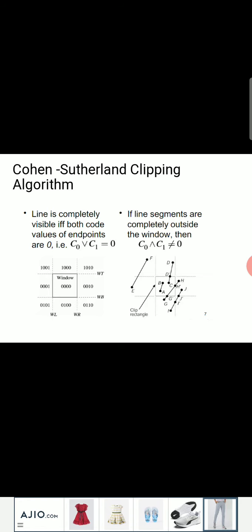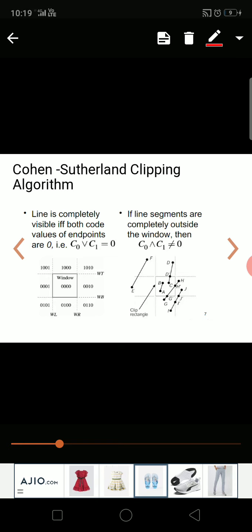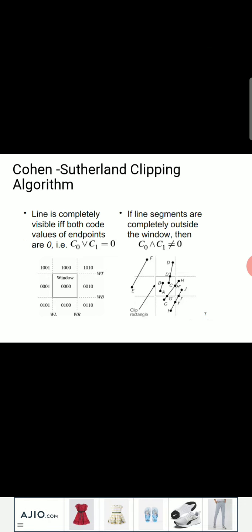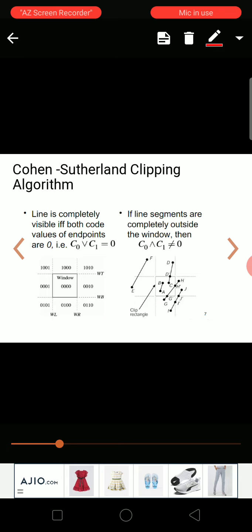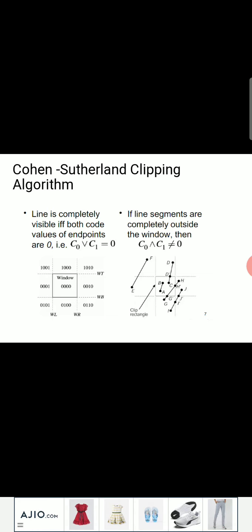The line is completely visible, or inside the window, if and only if both code values of the endpoints are 0, that is, the logical OR of the location codes is 0. If the line segment is completely outside the window, then a logical AND operation on the location codes will be a non-zero value.